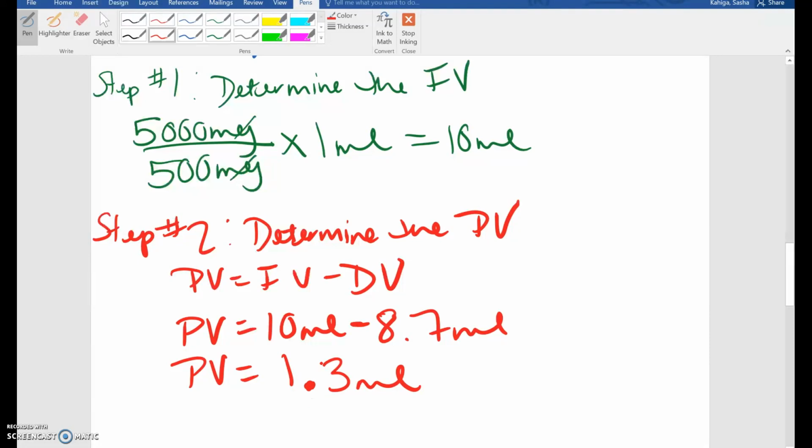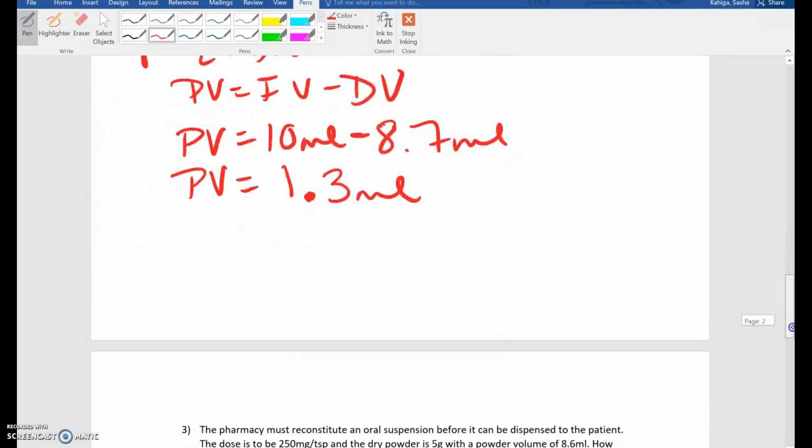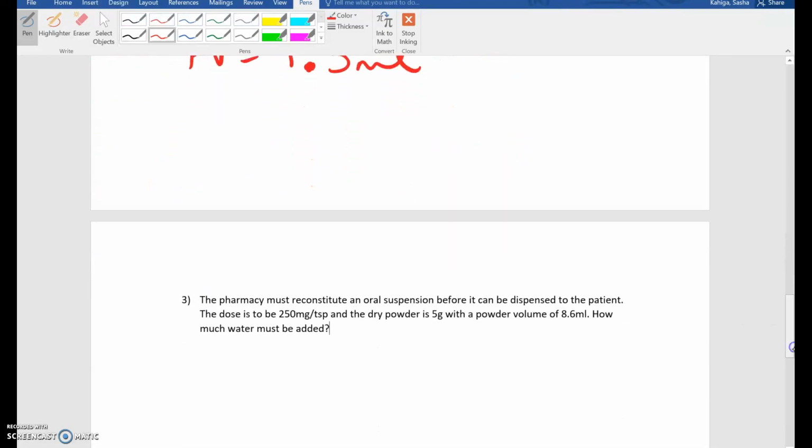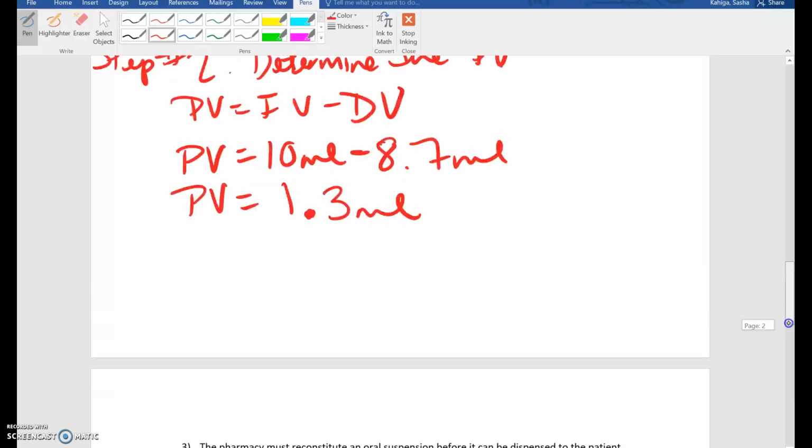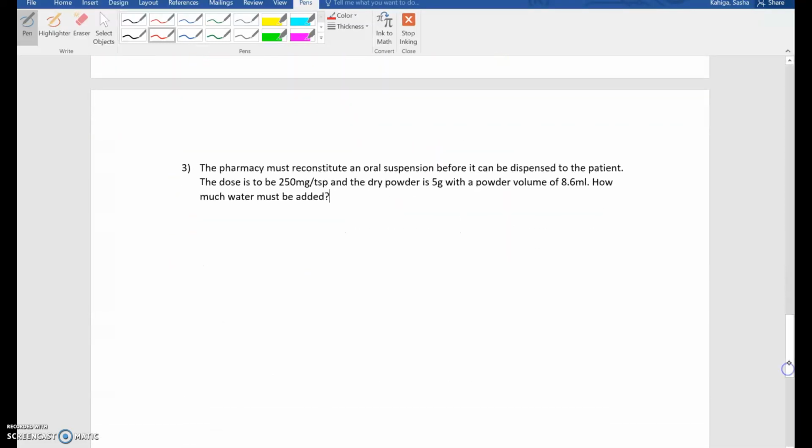All right. And the last practice problem that I have for you guys is this one, number 3. It says that the pharmacy must reconstitute an oral suspension before it can be dispensed to the patient. The dose is to be 250 milligram per teaspoon, which is 5 milliliters.